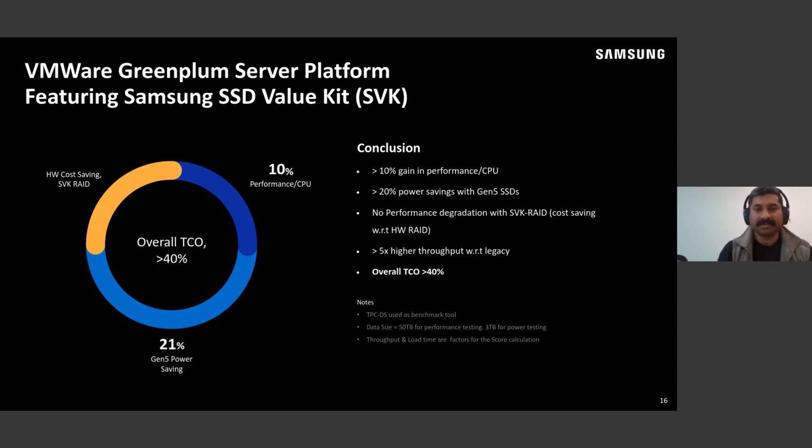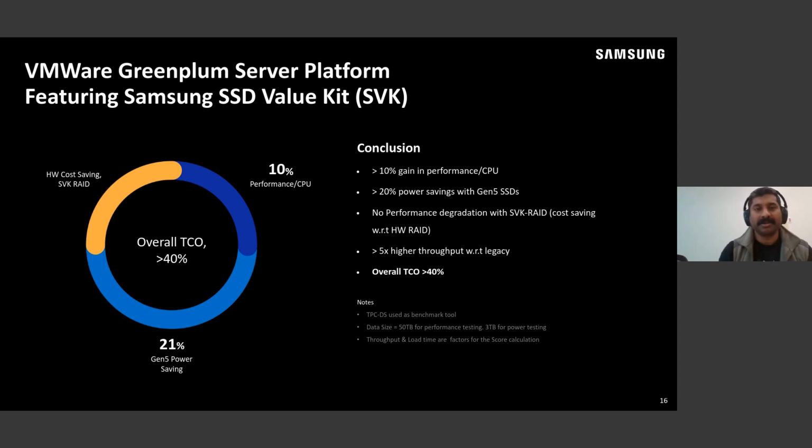And it's more than 5x higher throughput compared to the legacy system, the slide we just went through. One thing I wanted to say here is that the TPC-DS benchmarking tool does not give you a direct number for the IOPS increment, but we ran these stats to see how much IOPS you gain with respect to the Gen 4 machine.